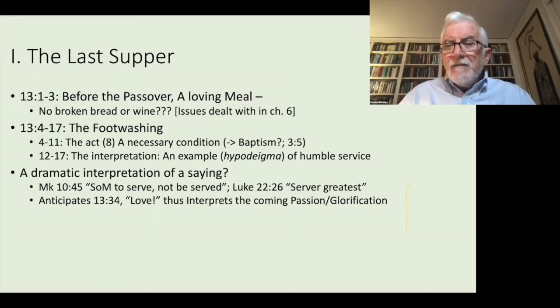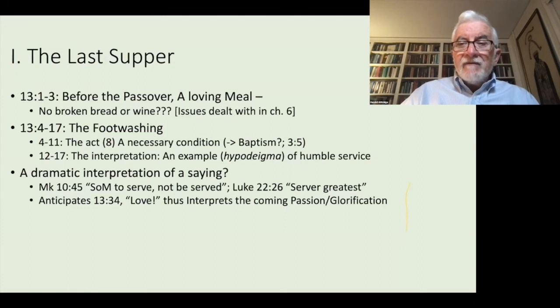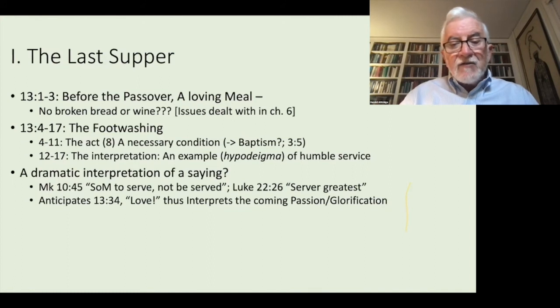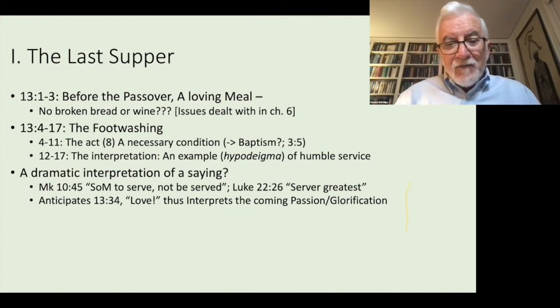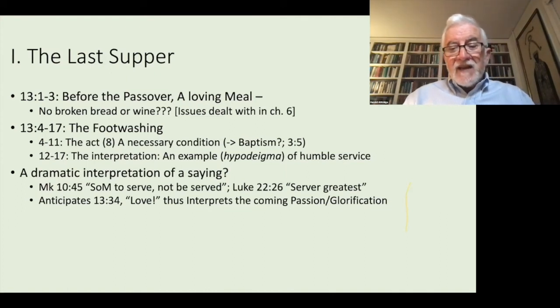The action, in any case, anticipates the command to love that Jesus gives in 13:34, that love command that will reverberate in the later chapters of the farewell discourse. And all of that, the action of Jesus and the love command and its reverberation, provides the interpretation for the coming passion and provides the substance of what the glorification is.